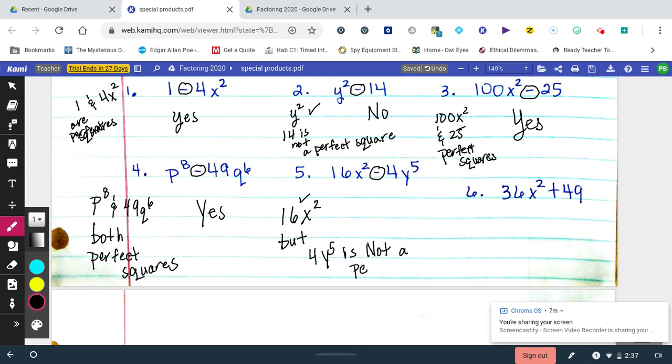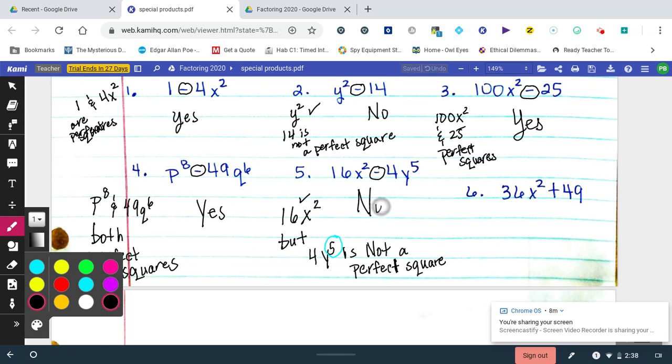Anybody know why not? Some of you saying, I know already. I knew it as soon as I looked at it. See this? y to the 5th is not a perfect square, although that 4 is. y to the 5th isn't, because in order for the variable part to be a perfect square, you need to have an even exponent on it. That exponent is 5, so that makes it no. That 5 is the problem, all right?